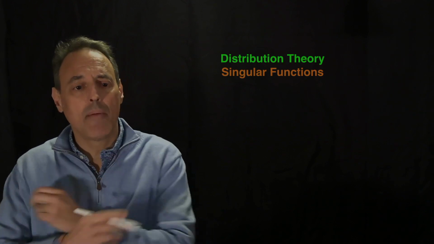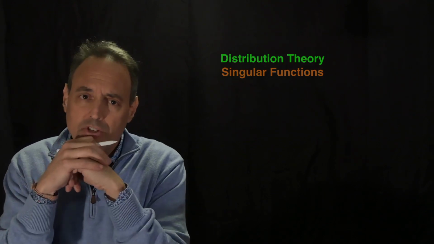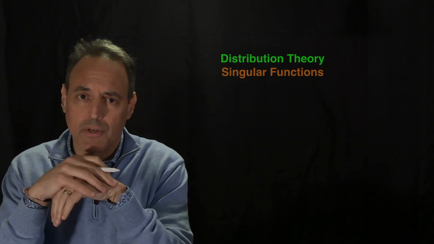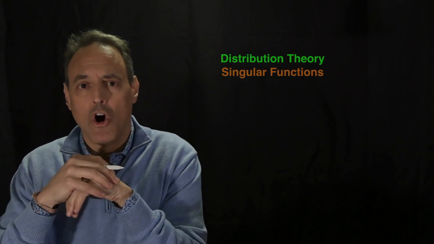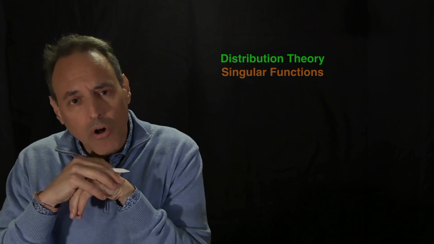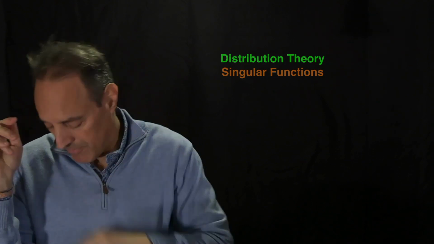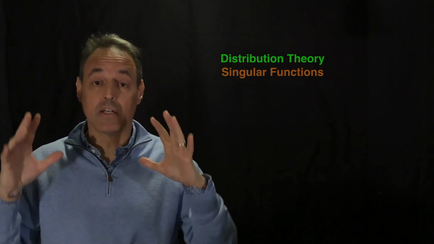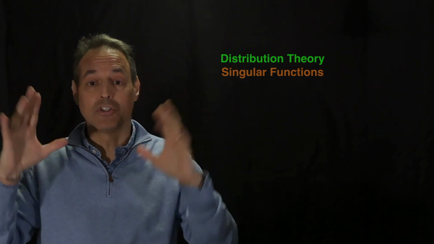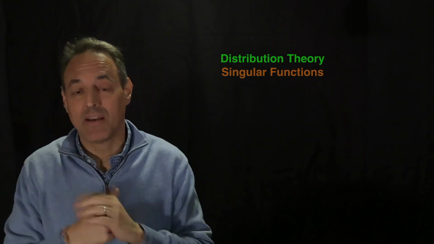Again, I want to make this comment. All of this sits under the aegis of what's called distribution theory, which is a broader mathematical framing of how we handle all these singular functions. And we handle all of them in terms of integral forms. So the integral becomes super important for us because that's how we handle all these functions, which are 0 everywhere and infinity at one point.